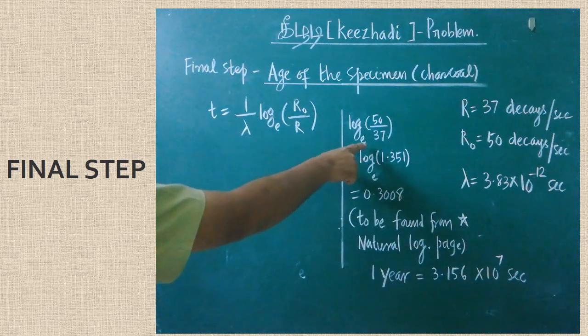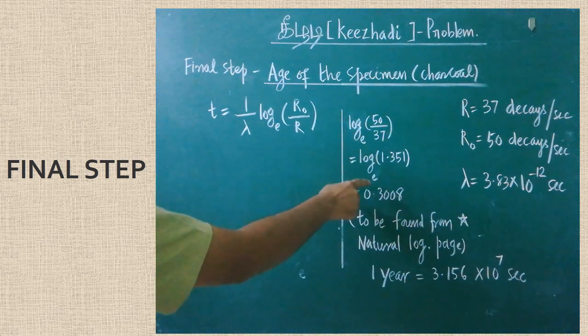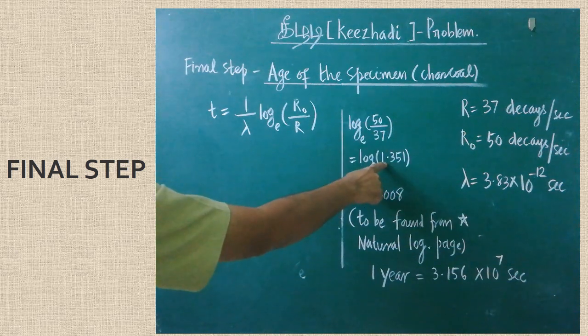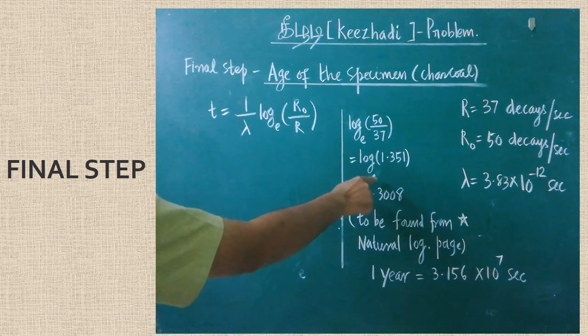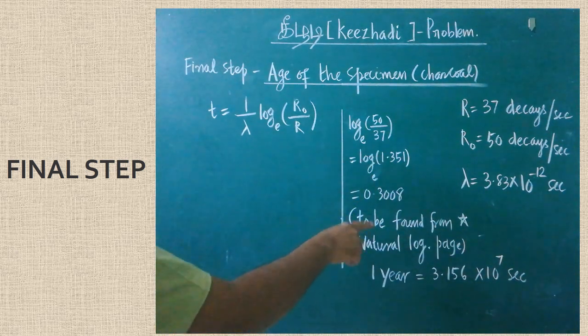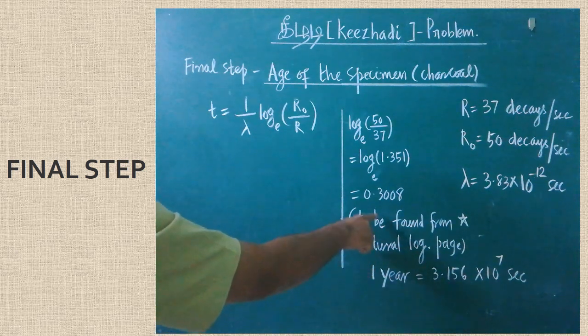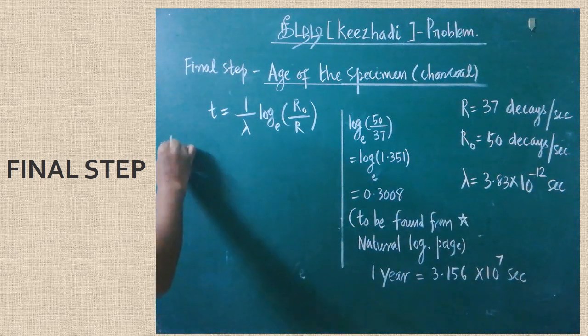Log to the base e, R naught value is 50, R value is 37. After finding this value, 50 divided by 37 is equal to 1.351. Log to the base e of 1.351, that is to be seen from the natural logarithmic table. Its value is 0.3008.